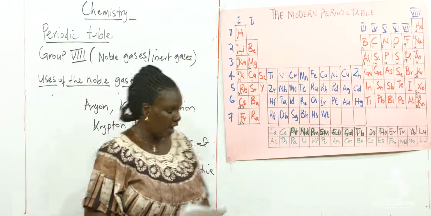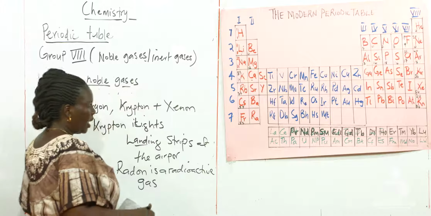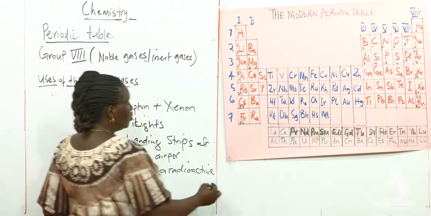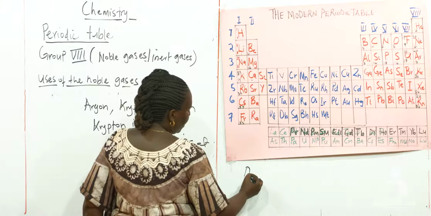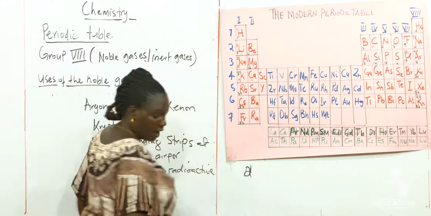It is a radioactive gas, and it can be produced naturally as a result of uranium decay.